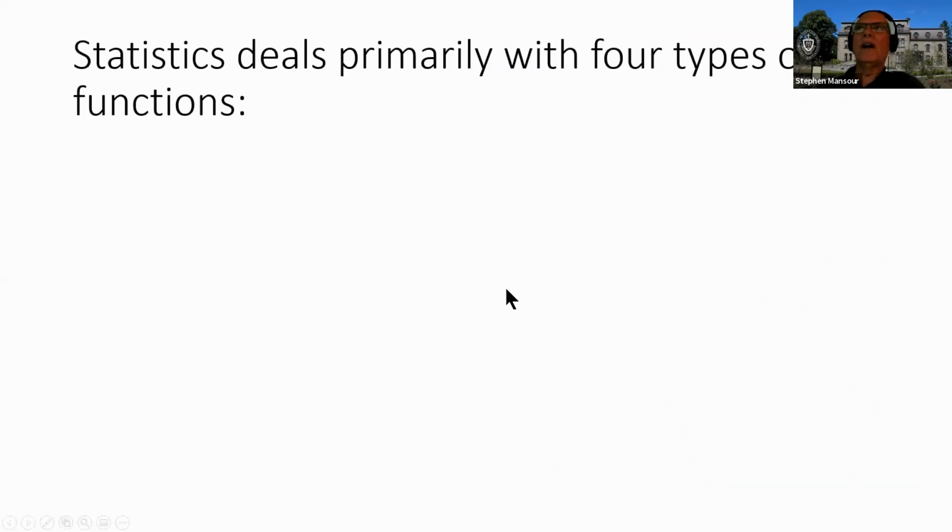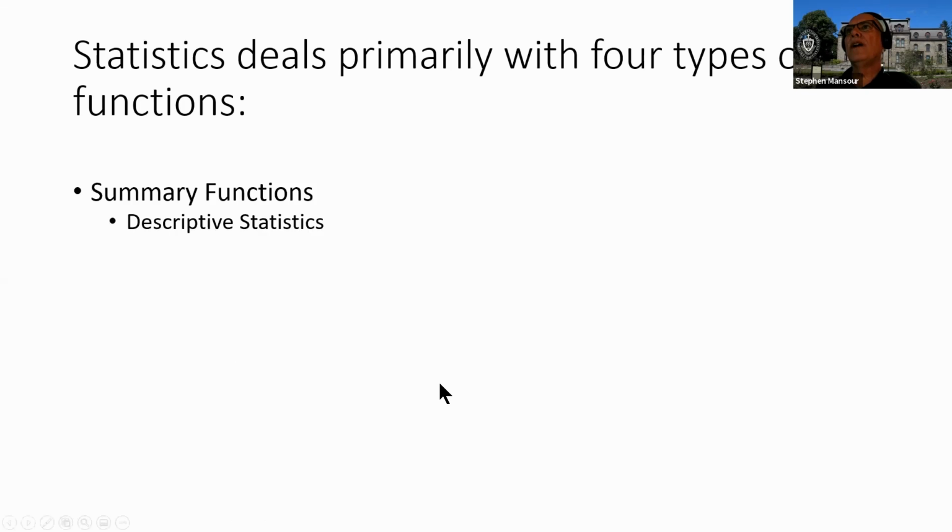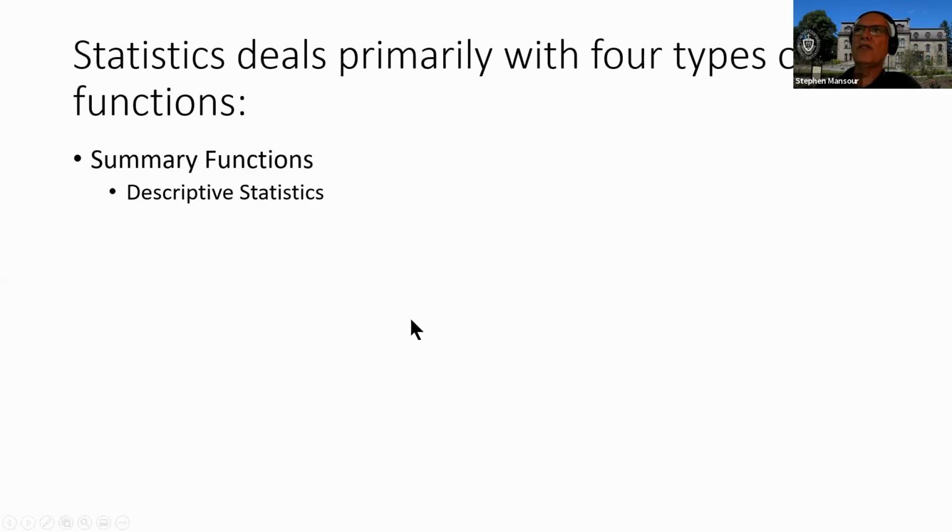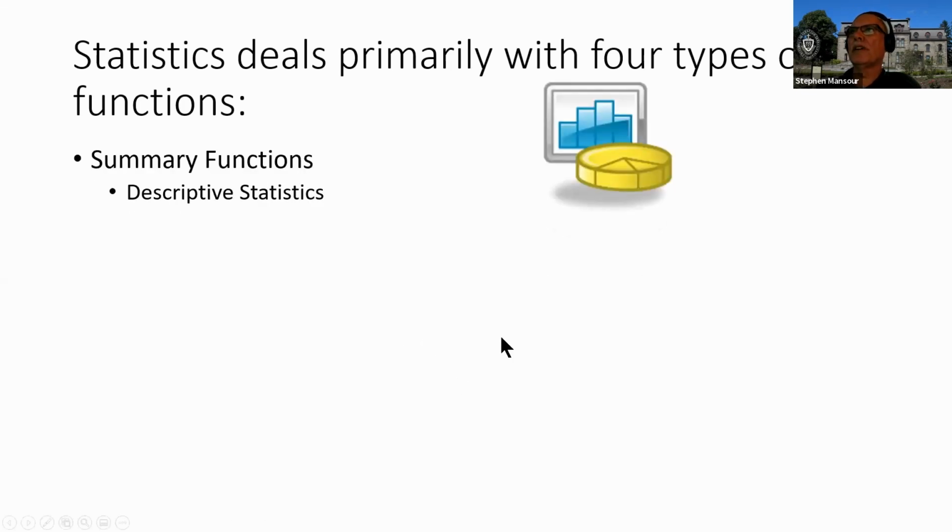So in general, statistics deals with 4 families of functions. And the first one would be what we call summary functions or descriptive statistics. So things like the mean and the standard deviation and things like that.